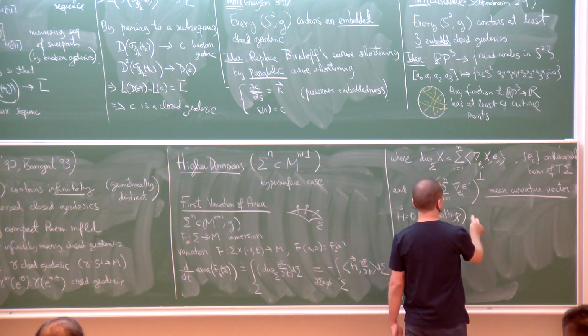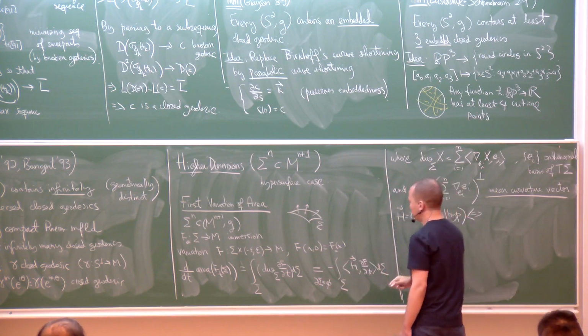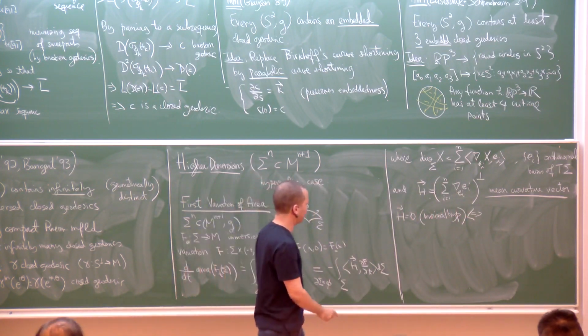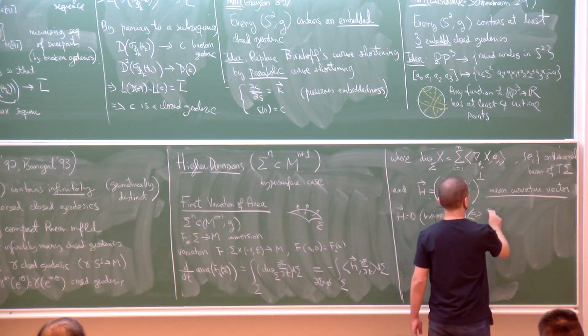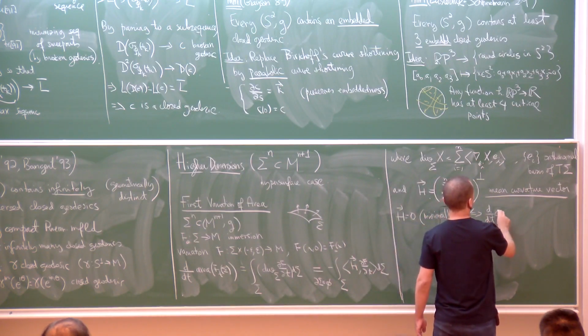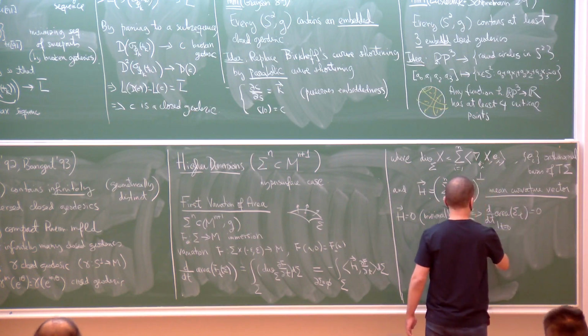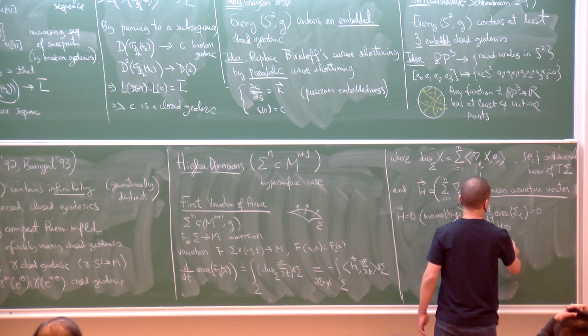which, by the first variation formula, is equivalent to the property that the first derivative of the area is 0 for every variation.